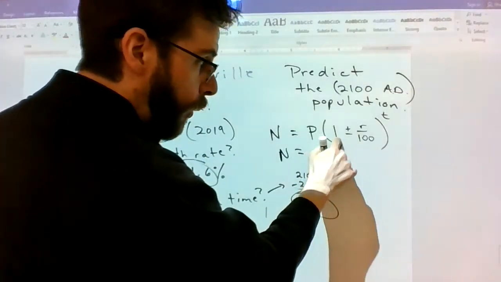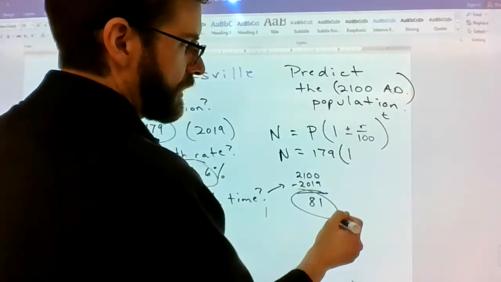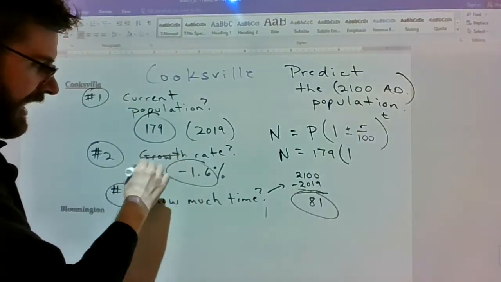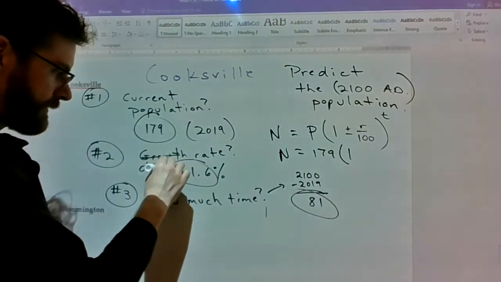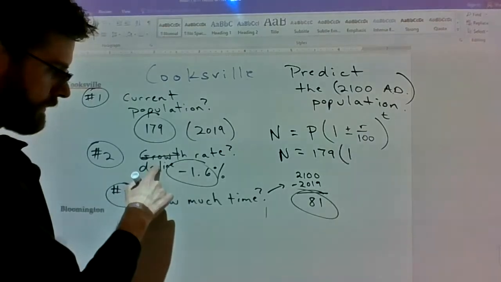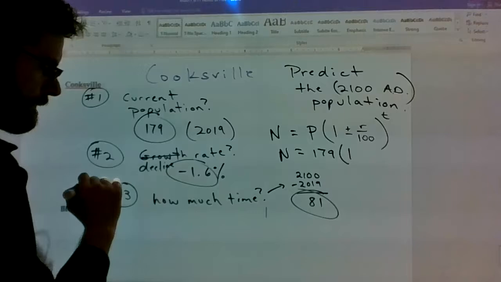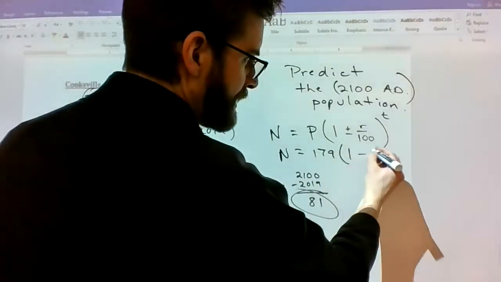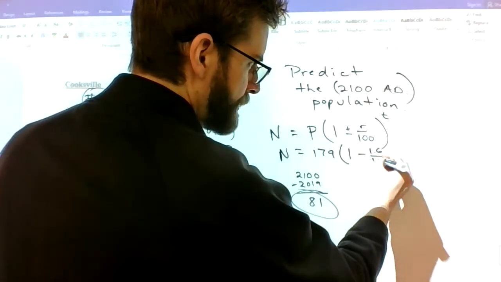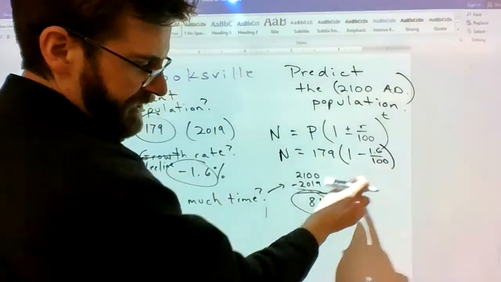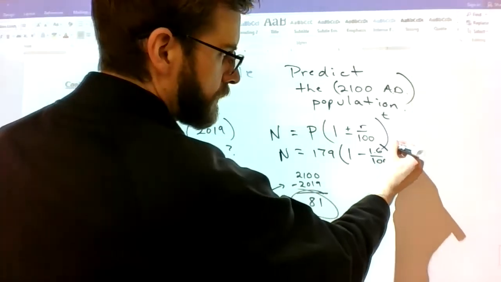It's always 1 right there. Subtraction, because it's not a growth rate, but a decline rate in this case. So minus 1.6 divided by 100. And then you take all of that, the whole grouping symbol, to the 81 power.